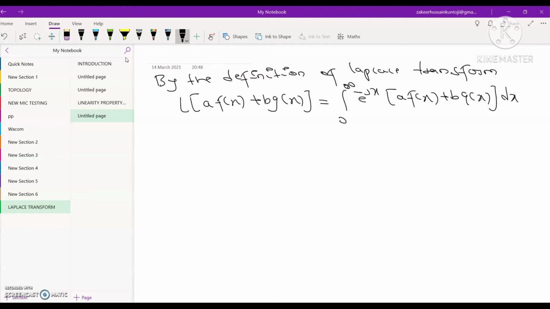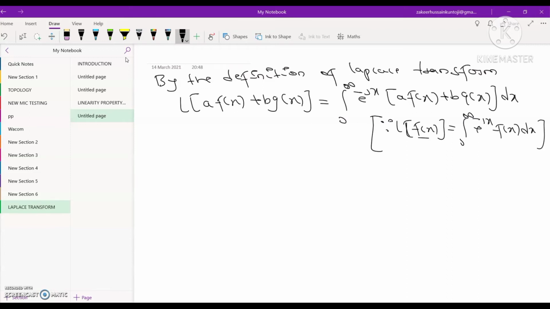So why? Since we know that the Laplace transform of f of x is equal to the integral from 0 to infinity of e raised to minus sx f of x dx.